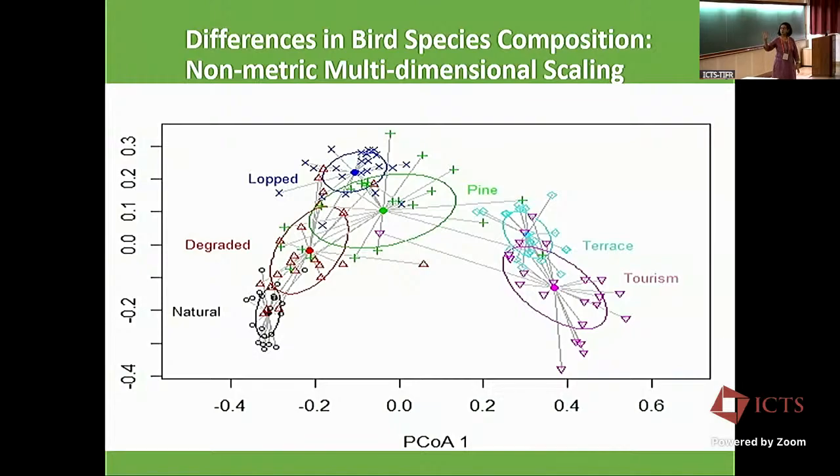So what non-parametric multidimensional scaling does is it takes us away from those assumptions of parametric statistics. It is based on randomization. So it tries to figure out the species composition of each of these land use types. And you can see each of these land use types in different colors here, named also degraded forest, natural forest.